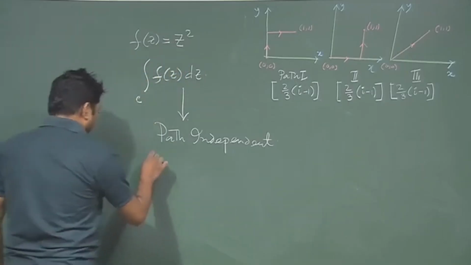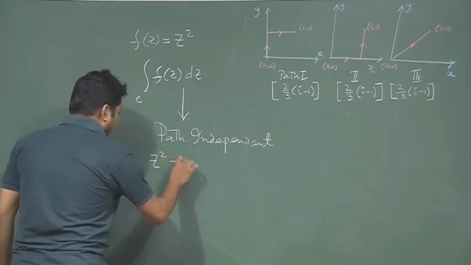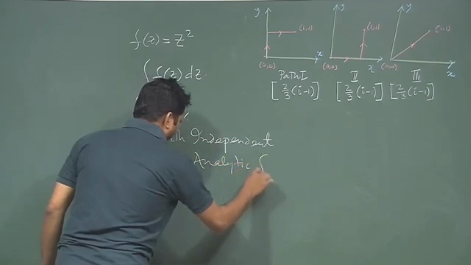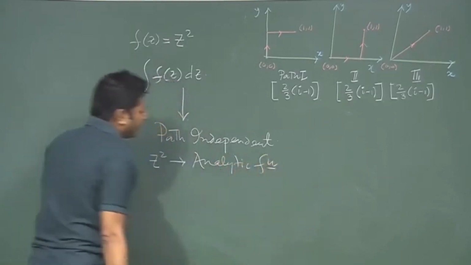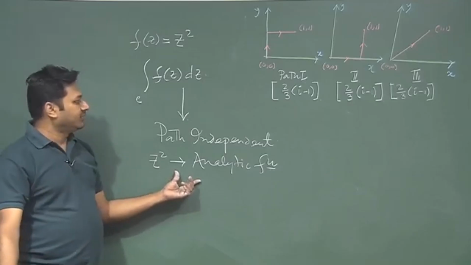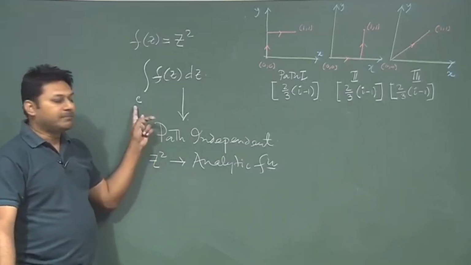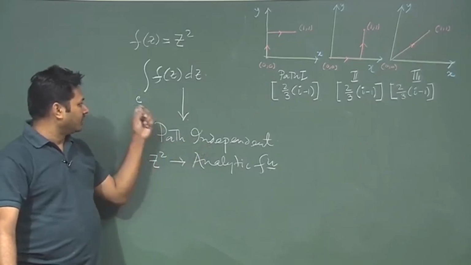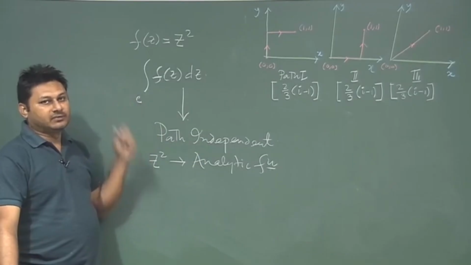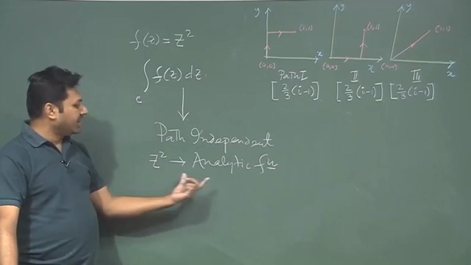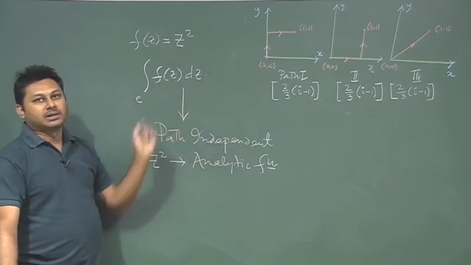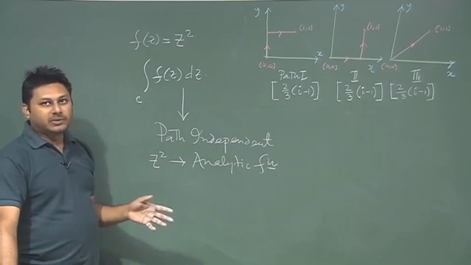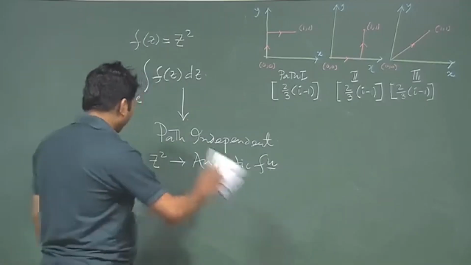Since this is an analytic function, the integration of an analytic function over a path does not depend on the path at all. It depends only on the initial and final value. So, since z square is an analytic function, we have this property, but if I took a different function, things may not be the same. So, let us try to do that also.